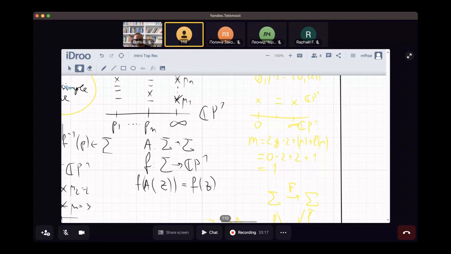If it's locally z to z squared, and at infinity we have the same thing, what can I say in general of how this looks in those coordinates?